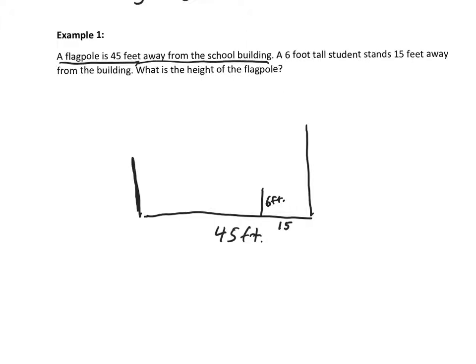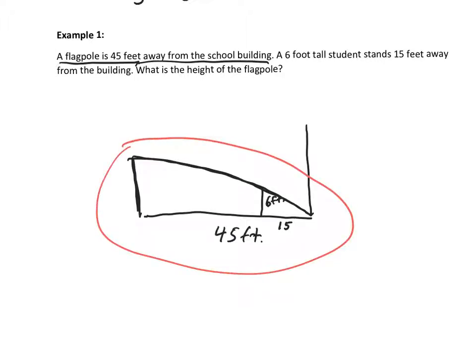Okay, and what we want to do is, just like this, make a giant triangle like that. And what we really have is two triangles. We have one great big triangle, which is both of them put together, and then we have a smaller triangle, which is this one.